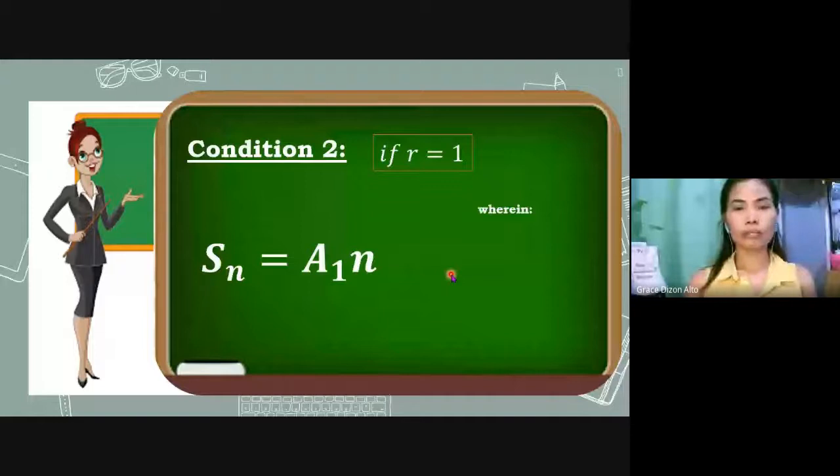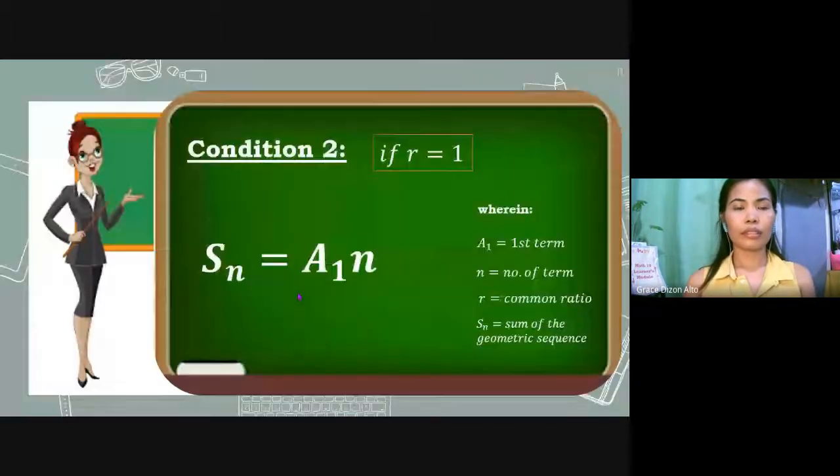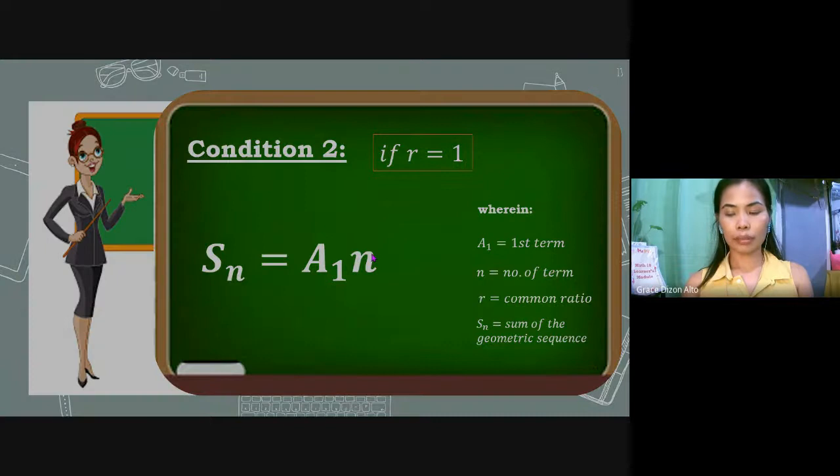We will have examples later on. Same labels: a sub 1 is the first term, n is the number of terms, and S sub n is the sum of the terms in the geometric sequence. Here we don't need to solve for the common ratio, because that's our first step already. Condition number 2, r is equal to 1, the formula is S sub n is equal to a sub 1 times n.